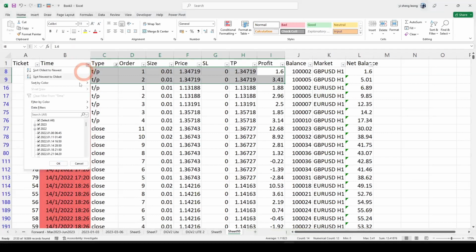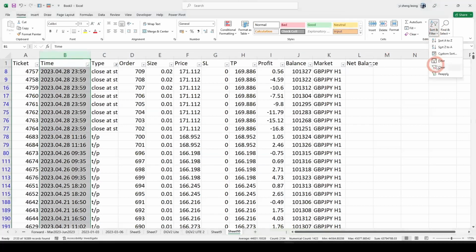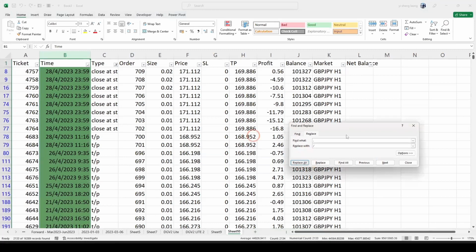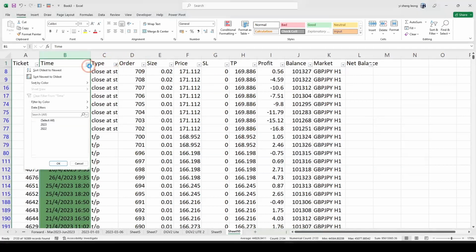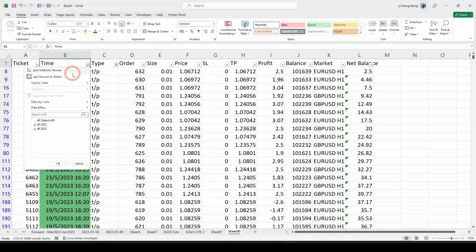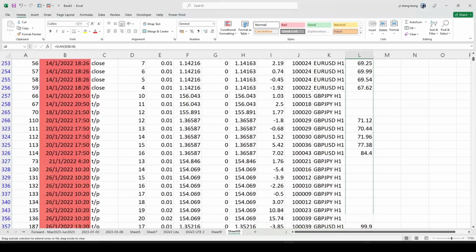And then you will just sort according to new. Forgot to change this. Replace it. Right, replace the date time. And then sort it again, oldest to newest. Then the formula is like this one. Right, remains the same. Just drag it all the way down lor.